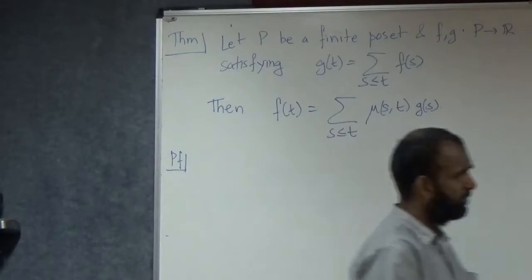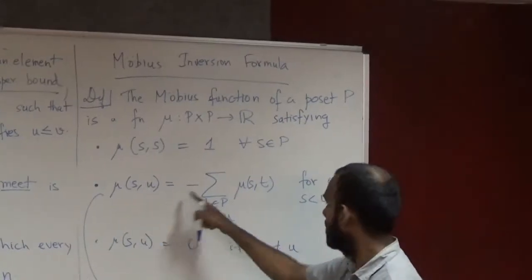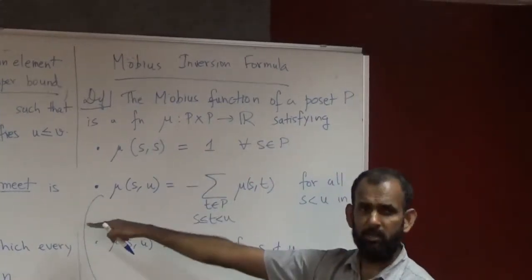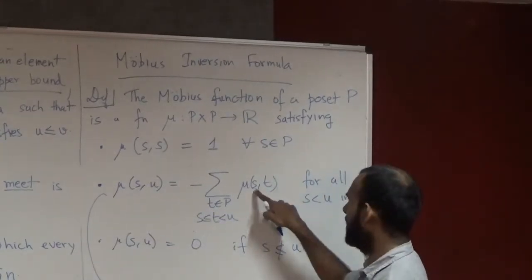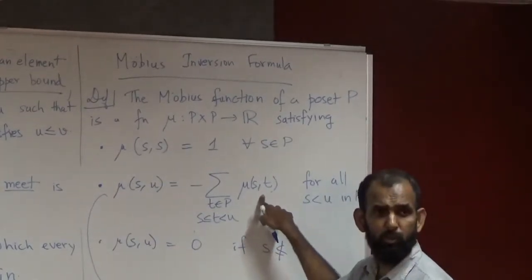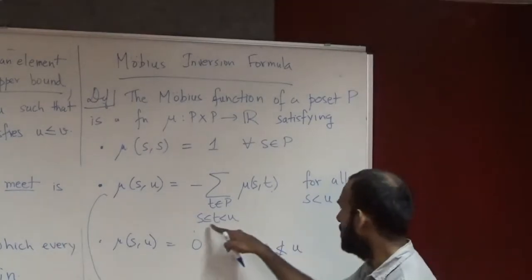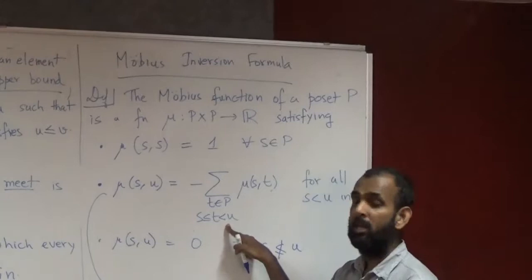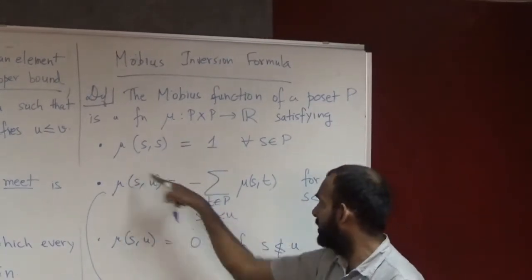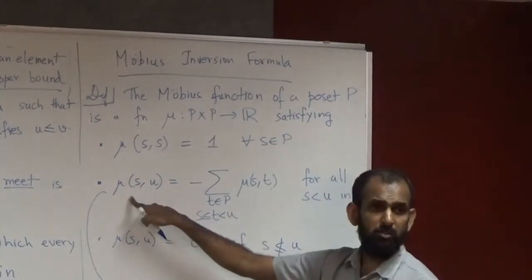So if you look at this formula, if I rewrite this formula, if I take this sum on this side, you see that this term over here is exactly this thing when t is equal to u. So here we had taken s less than or equal to t less than u, but the only term that we are missing here is mu of s, u, and that's over here.